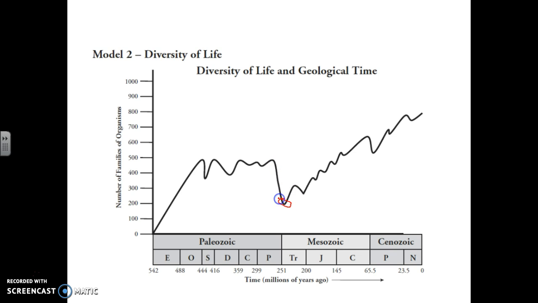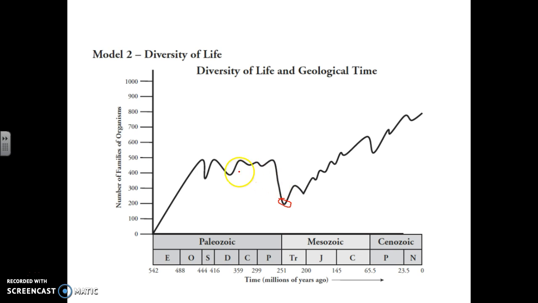But then, after the extinction event, or the extreme event that caused it, is over, you'll see a rebound in the number of families, or rapid speciation occurring to fulfill the niches or the roles that have been emptied by the death of organisms.